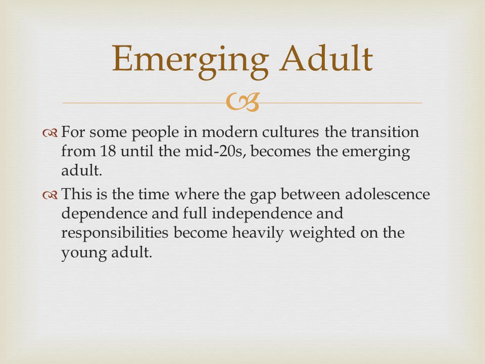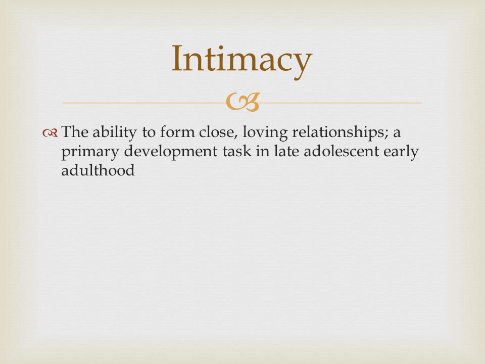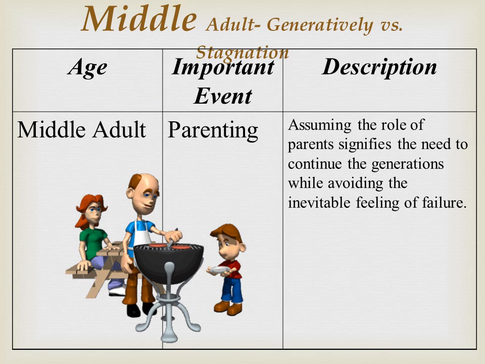The emerging adult is the time where the gap between adolescent independence and full independence and responsibilities becomes heavily weighted on the young adult. Intimacy is the ability to form close and loving relationships, a primary developmental task in late adolescence and early adulthood. And this might happen late into your 20s and early 30s still today.